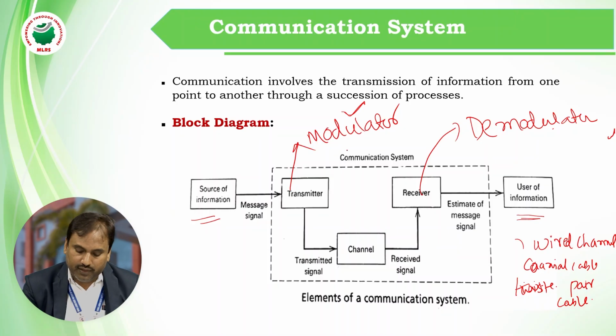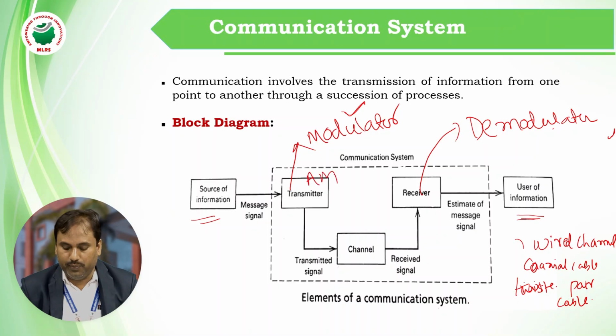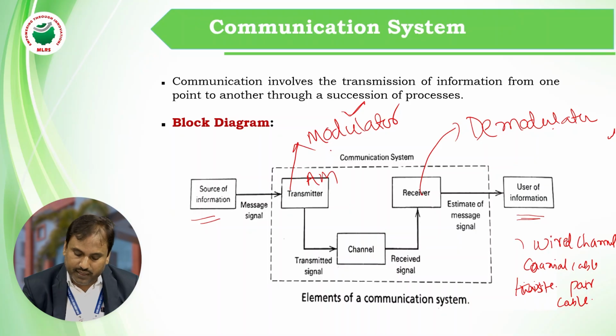Here, as I discussed in the syllabus, we will have amplitude modulation and double sideband suppressed carrier modulation, or if you use angle modulation, frequency modulation, these things will be there on the transmitter side.